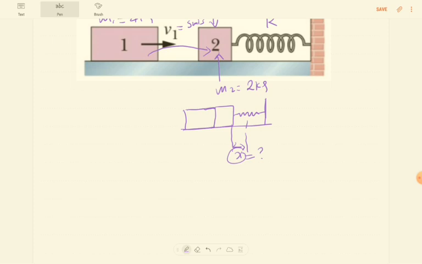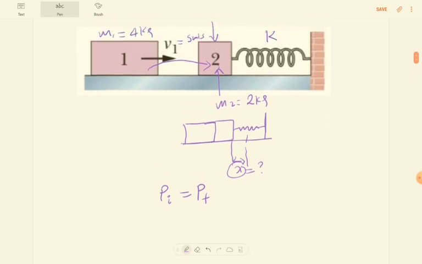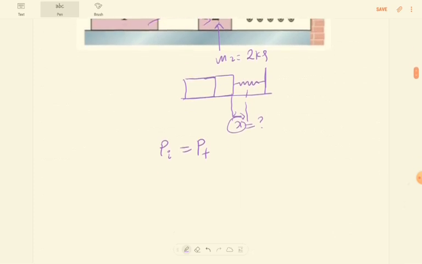So the first key point: from the perfectly inelastic collision, when the two blocks collide together and move in the same direction, we will notice that the initial momentum of our system equals the final momentum of our system. So block 1 has an initial momentum, and also block 2.